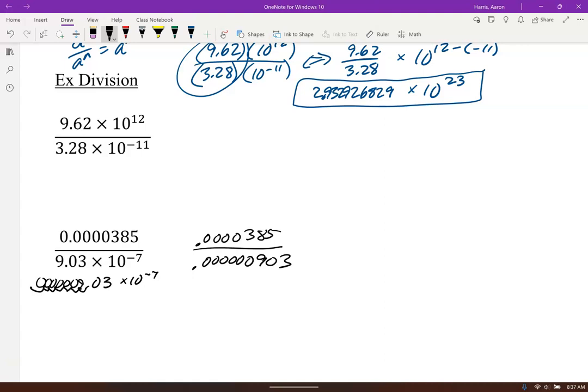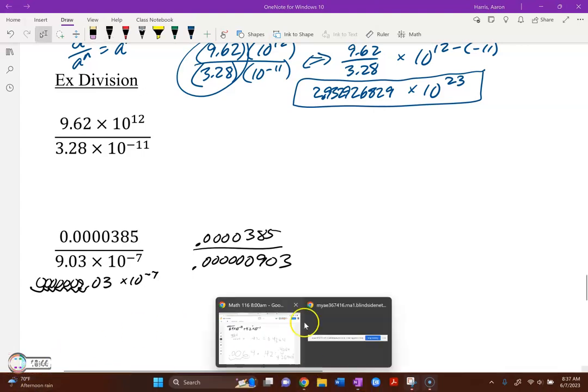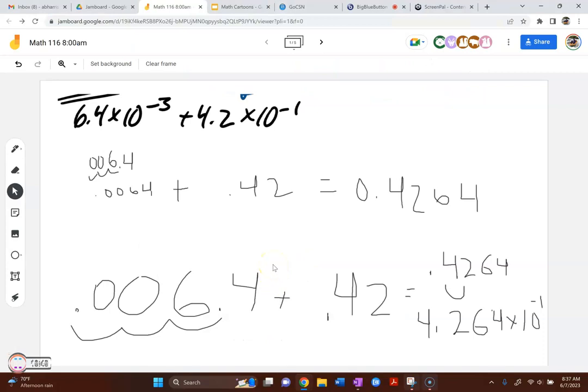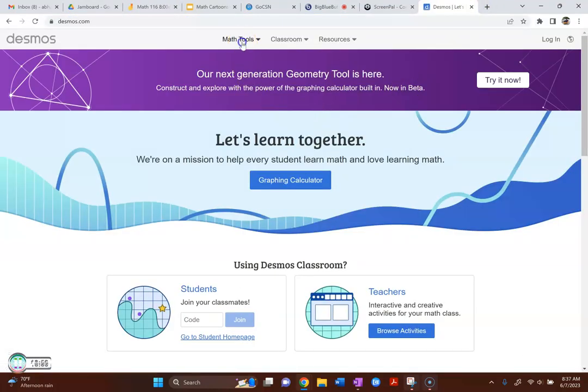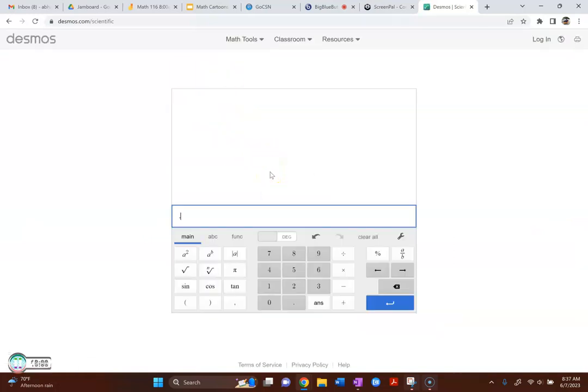So I have 0.0000385 divided by 0.123456903.